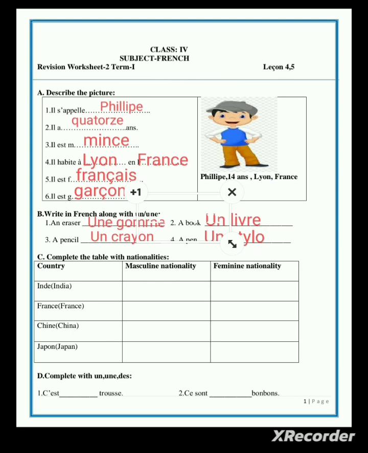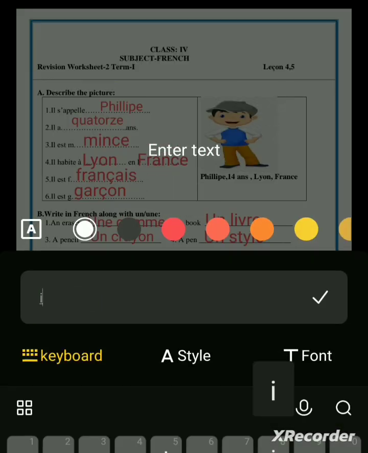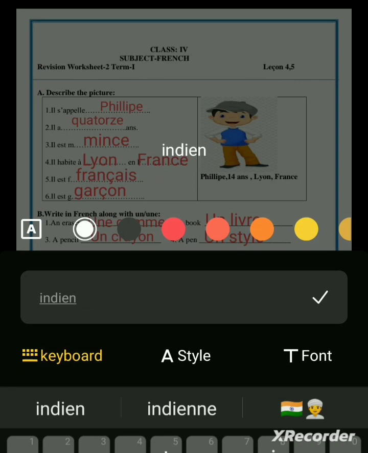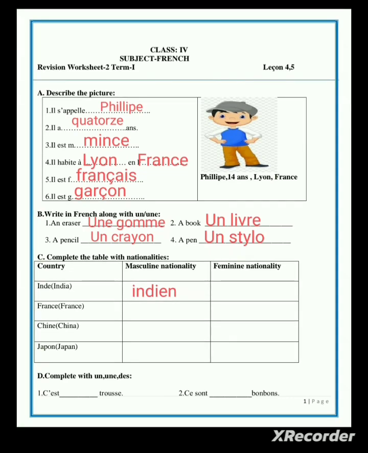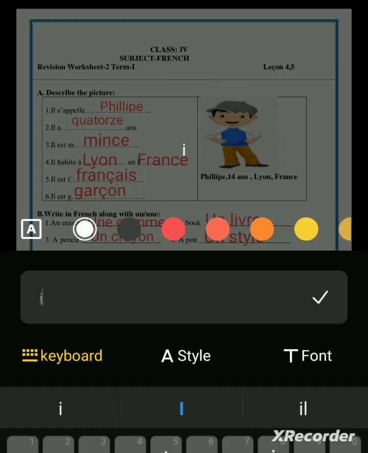A boy will say indien and the girl will say indienne. Okay, so this is the difference. So let's write indien, masculine nationality. And for making it feminine, I have to write double N-E. Indienne.